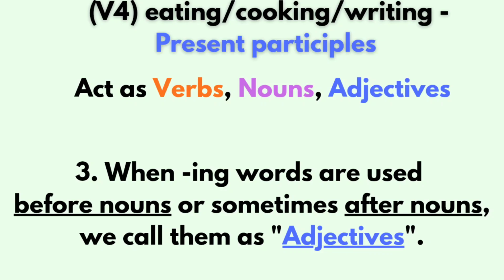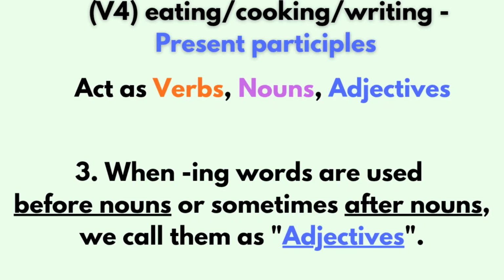So whatever is used before nouns or pronouns, we consider it an adjective. I hope the definition is clear. If you want to identify adjectives in a sentence, you have to ask a question. What kind of person, what kind of thing, what kind of object it is, what kind of person he is or she is. If you ask this question, you will be able to identify adjectives easily, okay? So far we have covered three definitions.